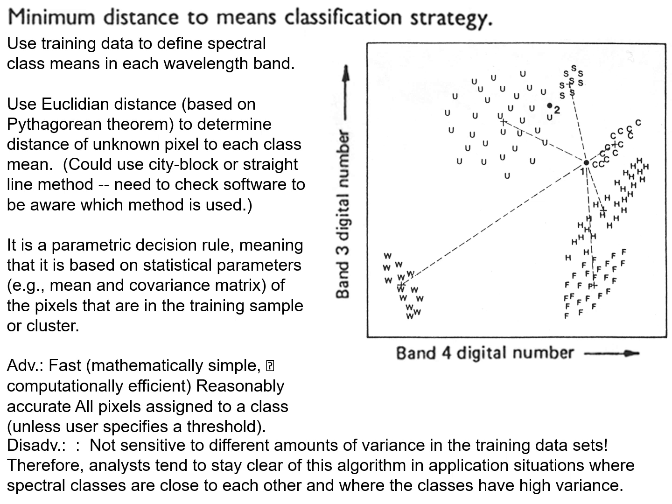There's a lot of variability in the urban class, and that is what makes point 2 more similar to urban, because that urban stretches out a long way from the center point. So if you have an application where spectral classes are close to each other and the classes have high variance, or you have classes with both low and high variance, then you're going to wind up not wanting to use minimum distance.